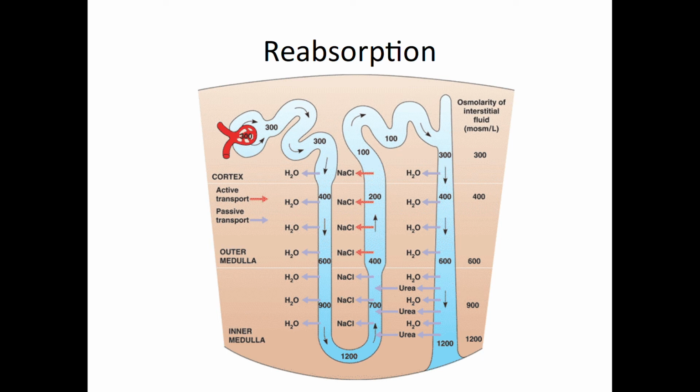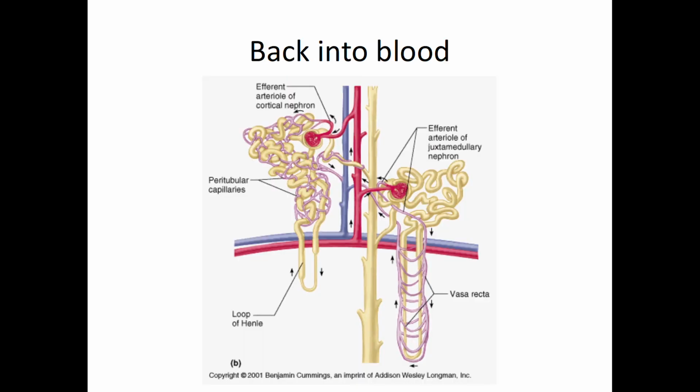But most of the stuff that we pulled out that wasn't, like glucose and salts and amino acids, we still got a lot of that in there. And of course, that stuff that's being reabsorbed is going back into the blood through these peritubular capillaries and this vasa recta that's linked to the loop of Henle, and that's taking it all back into the blood, so that's going back into the body where we need it.